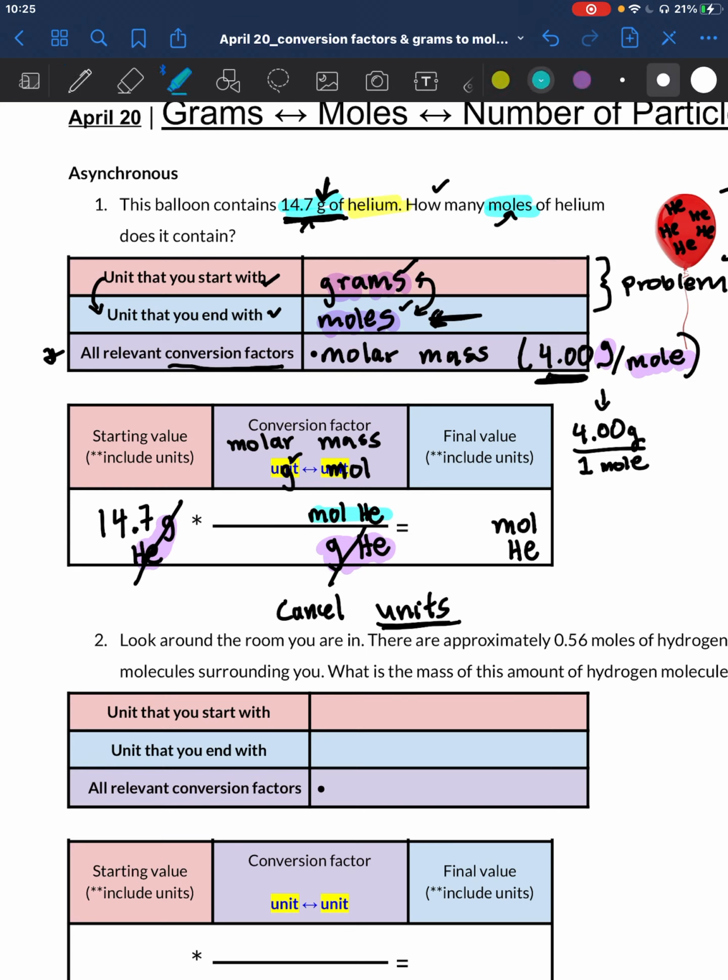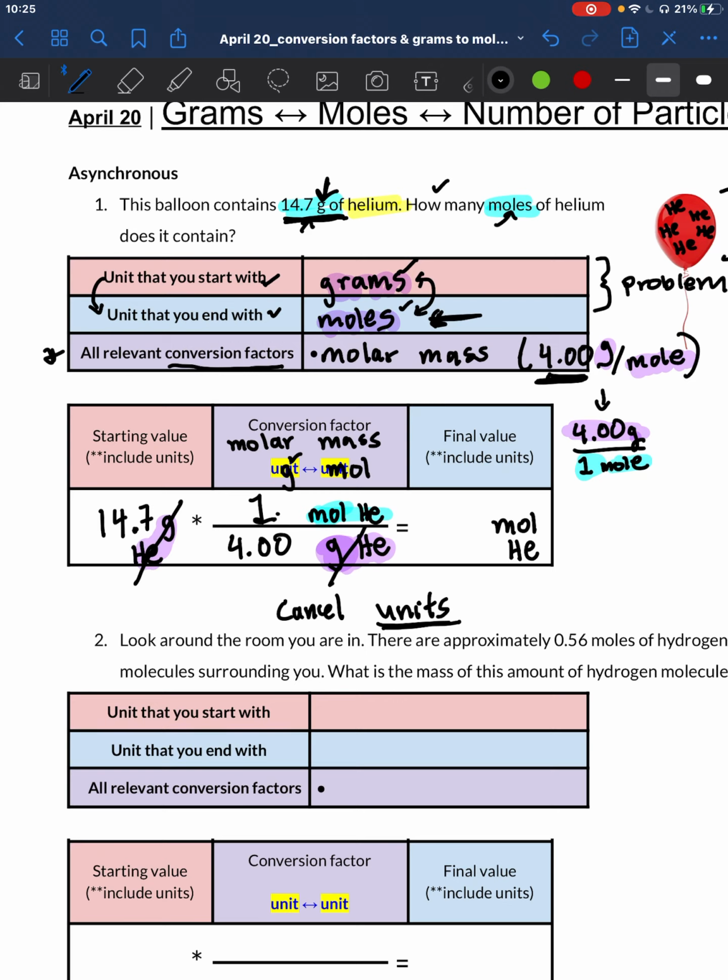Well, if I have grams right here, what number was next to grams in my conversion factor? 4. So 4.00. And then I have moles here, moles here. What number is next to moles? 1. So 1 mole.